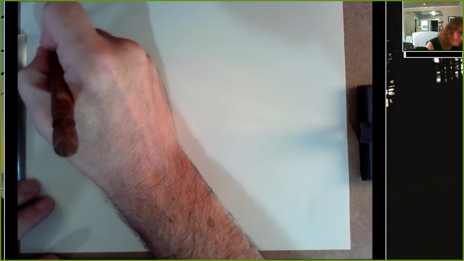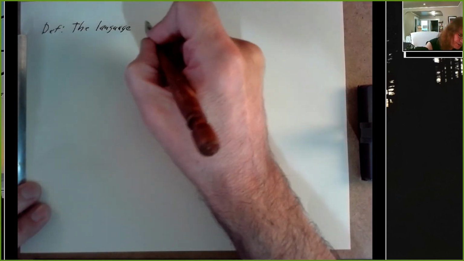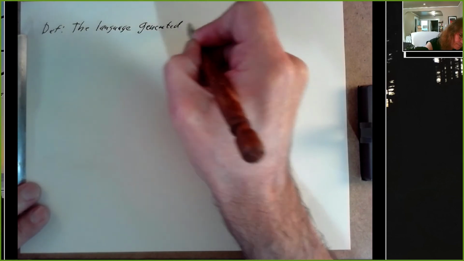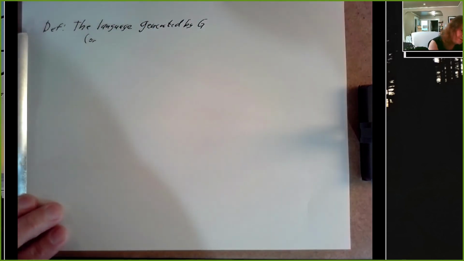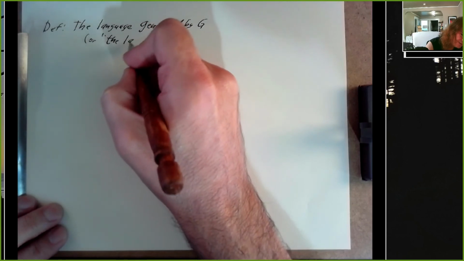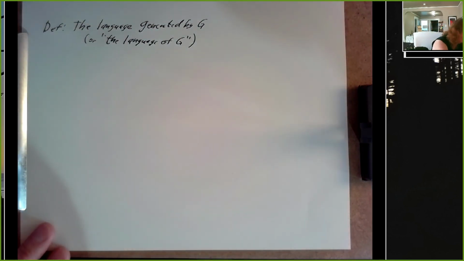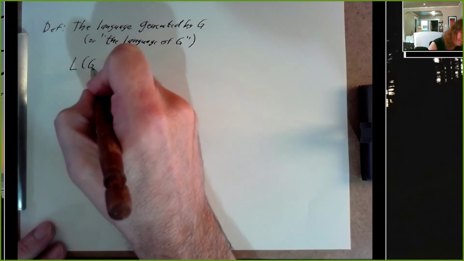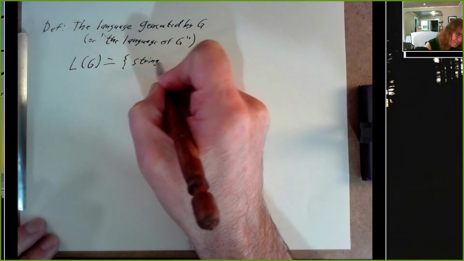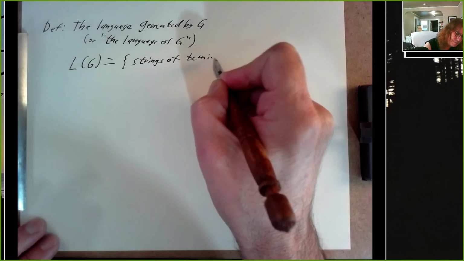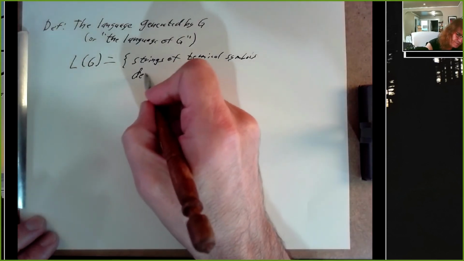So definition: the language generated by G, or sometimes we just call that the language of G. And that's L of G equals the set of all strings of terminal symbols derivable from S.